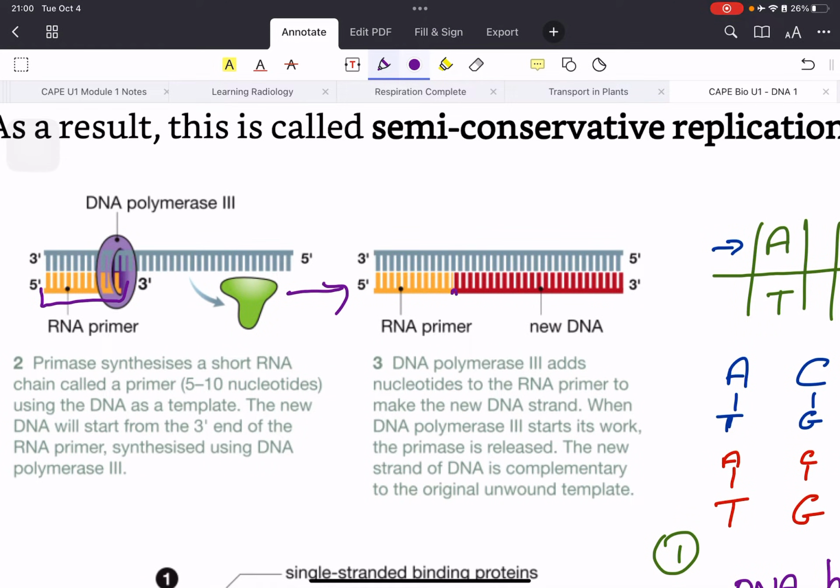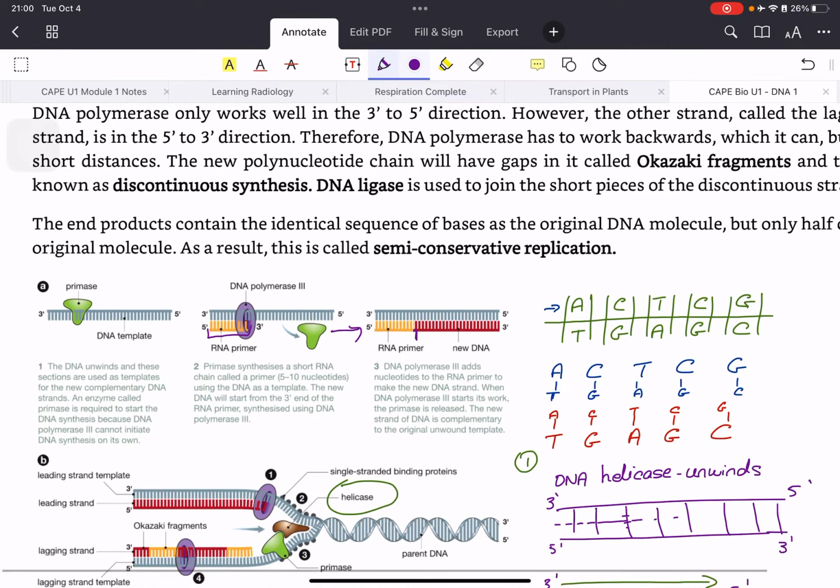From here, DNA polymerase will take over and start synthesizing an exact copy of the strand, in the same antiparallel fashion, a complementary fashion, where the bases will be complementary to each other. It's the same thing as we did in the first page.